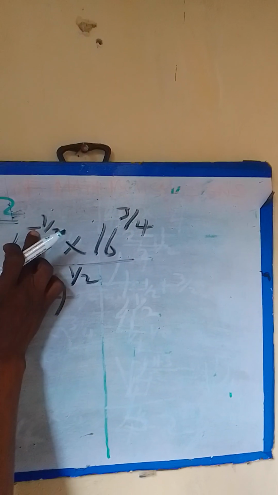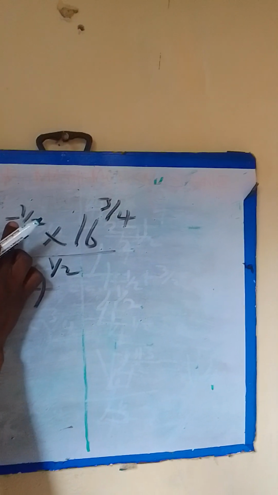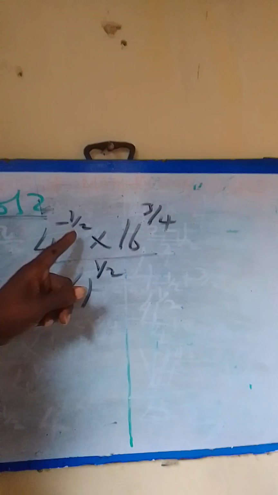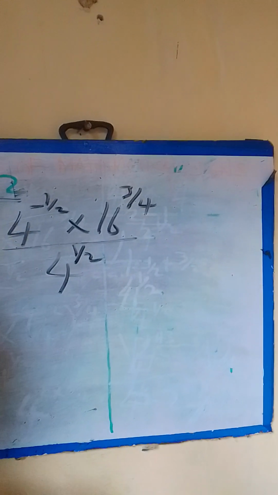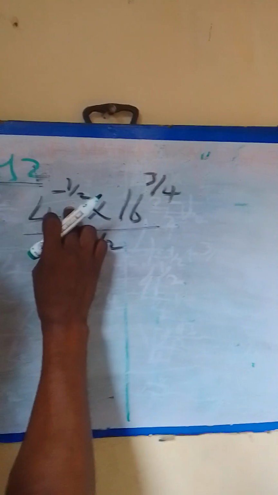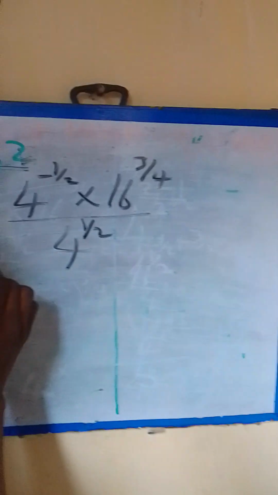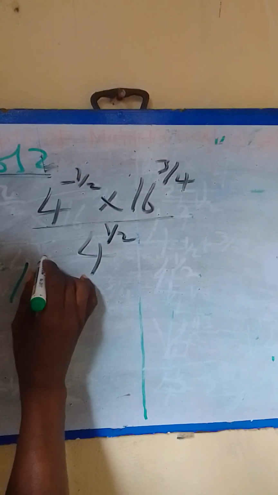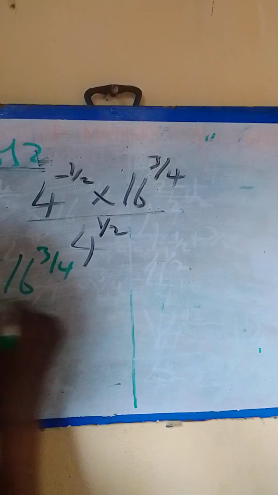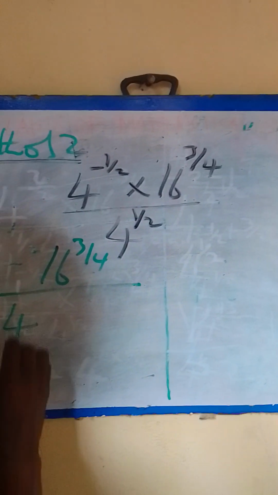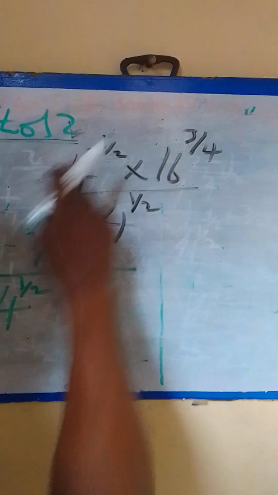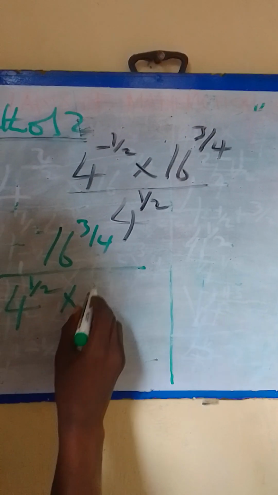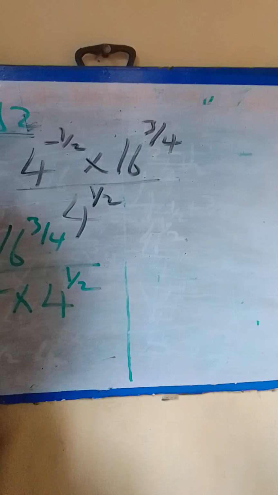Now, since this is raised to a negative index, you get the reciprocal of this. And when you get the reciprocal, to remove this minus, it will now become 16 to the power 3 all over 4, divided by this 4 which will come down, raised to power half. So we have removed this minus, times 4 raised to power half.